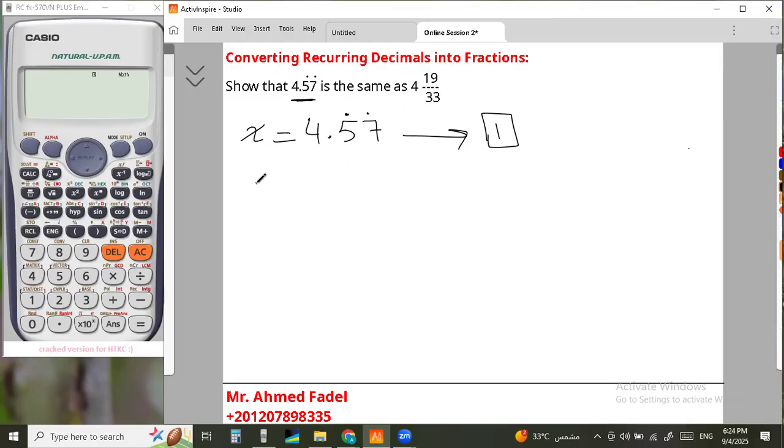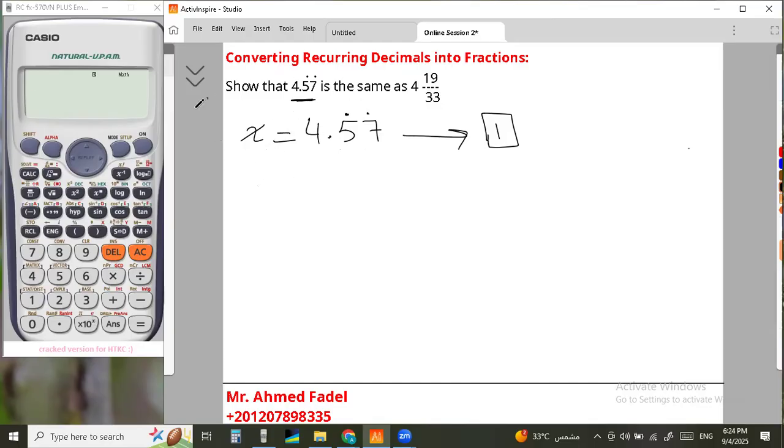Then next, isolate the first section of the recurring. Recurring here we have the 5 and the 7. I need to get them on the left side of the point. Two digits are repeating. That means I need to multiply by 100 in order to get them on the left side of the point.